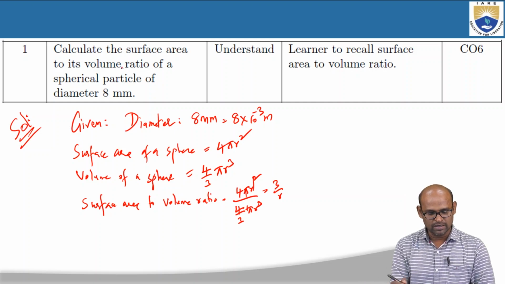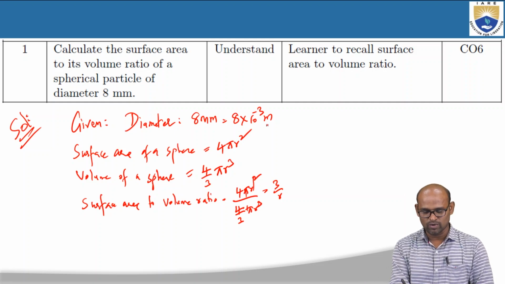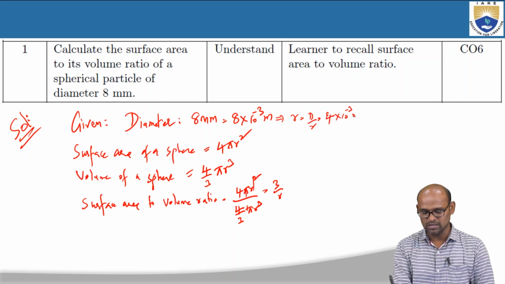Now they have given the diameter, so we can calculate the radius. Radius is nothing but diameter by 2, right? So that is 8 by 2, which is 4 into 10 power minus 3 meters.